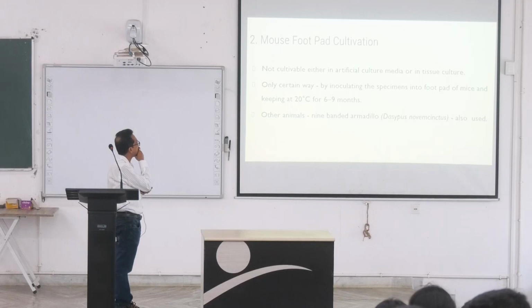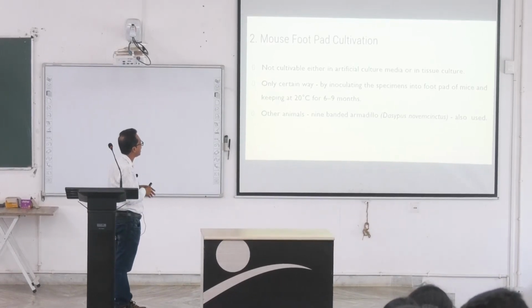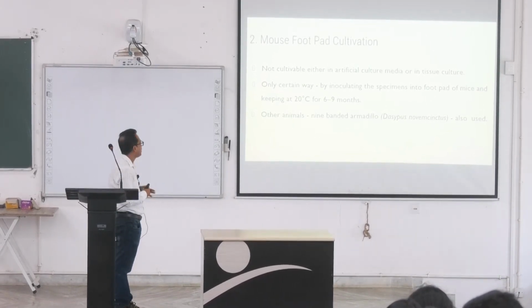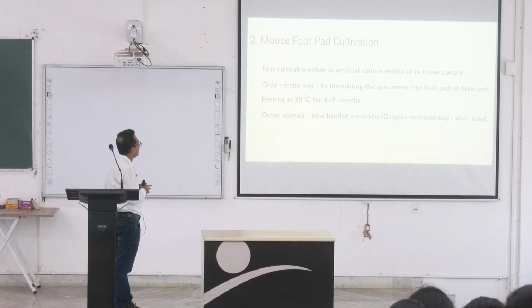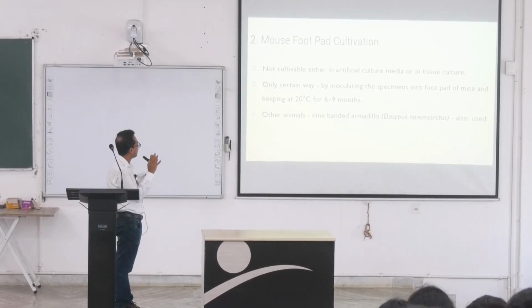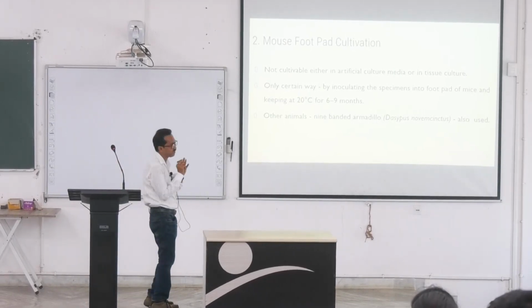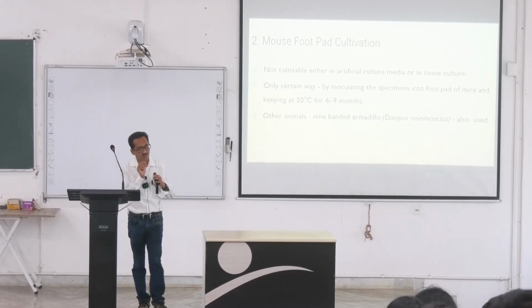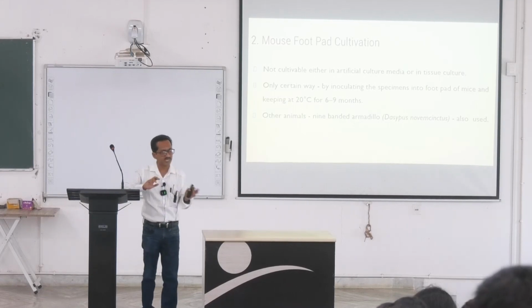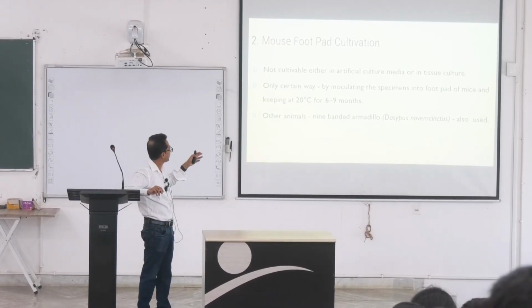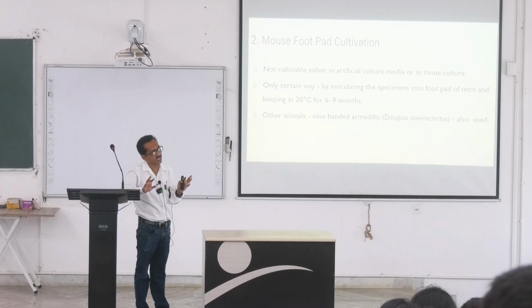Now, if it is not cultivated in artificial media, can it be grown? Yes, it can be grown in the foot pad of mice, kept at 20 degrees centigrade for 6 to 9 months. You have to inoculate the leprobacilli into the foot pad of mice and keep it for 6 to 9 months at 20 degrees centigrade.